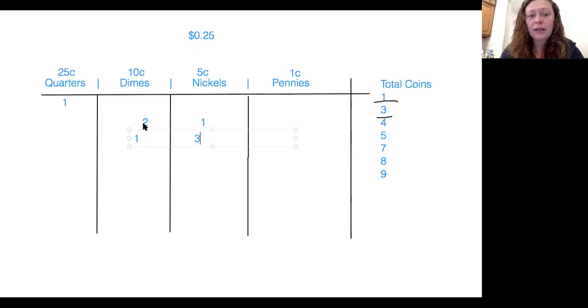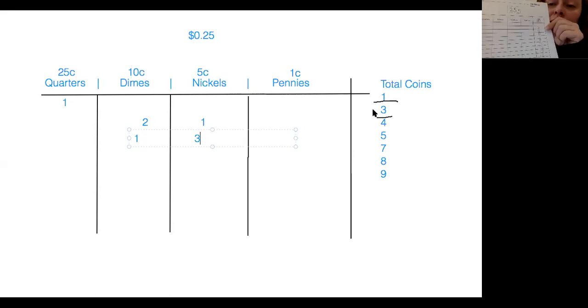Total coins, right? So do you see what I'm doing here? We're trying to make 25 cents, and I can only use 1 coin to create 25 cents. That would be 1 quarter. Here, I have a total of 3 coins, and I'm using 2 dimes and 1 nickel.